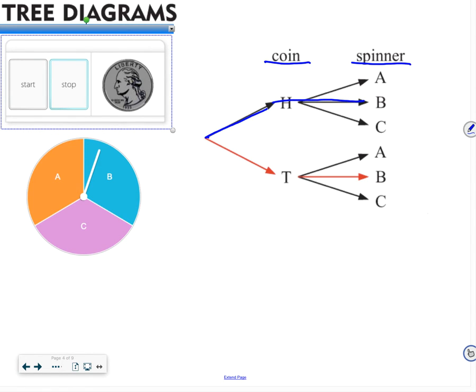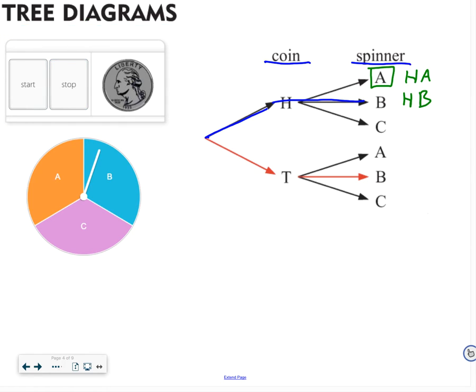So each end of the branch represents a unique outcome. Again, this branch here represents a head and spinning an A, and the one we just got was flipping a head and spinning and getting a B. Notice we still get the same options here, just a different way of organizing things for our sample space.